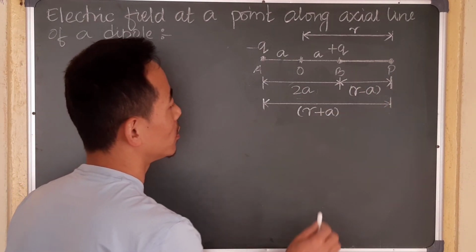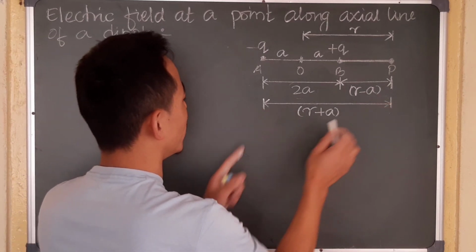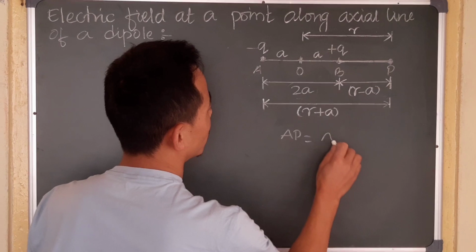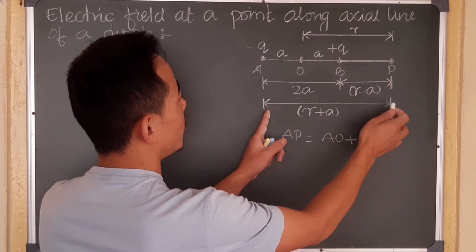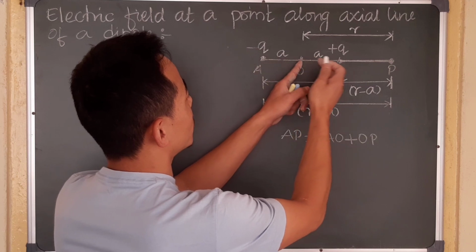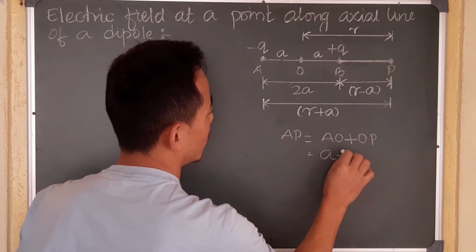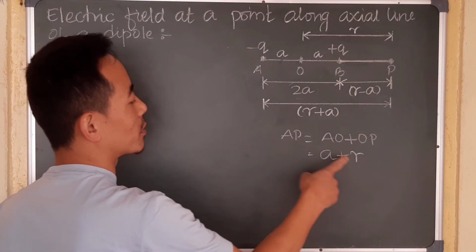If you are not able to grasp it, then we can just find these values. AP, from the diagram, we can write as AO plus OP. AO is nothing but a, and OP is r, so the value of AP becomes r plus a.